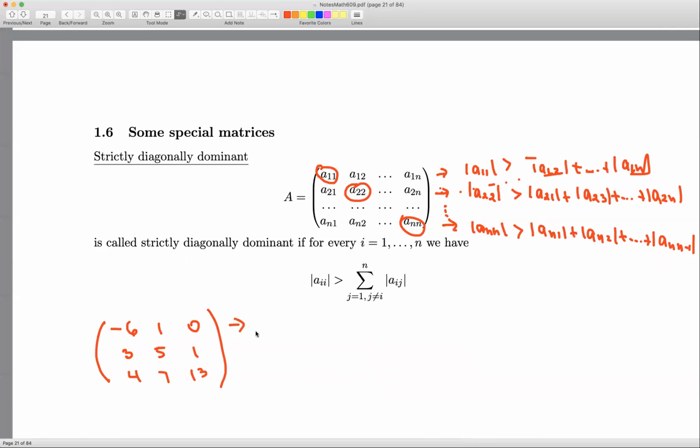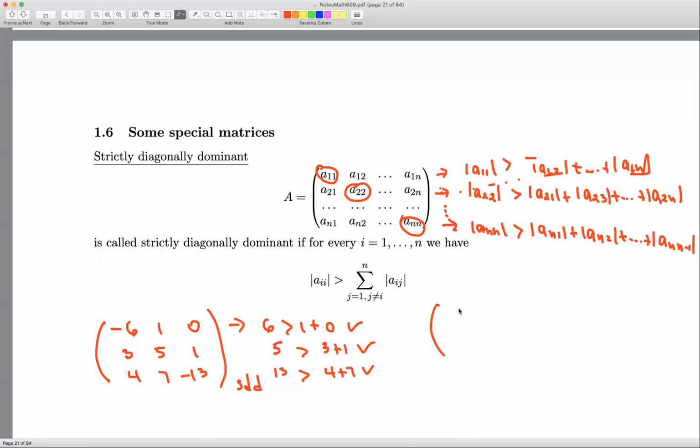Is it true that 6, the absolute value of -6, is bigger than 1 plus 0? Yes. Is it true that 5 is bigger than 3 plus 1? Yes. Is it true that 13 is bigger than 4 plus 7? Yes. So this is a strictly diagonally dominant matrix.